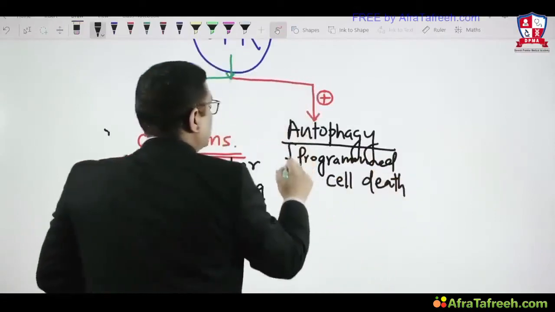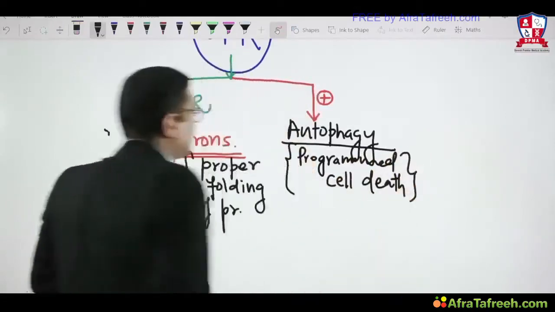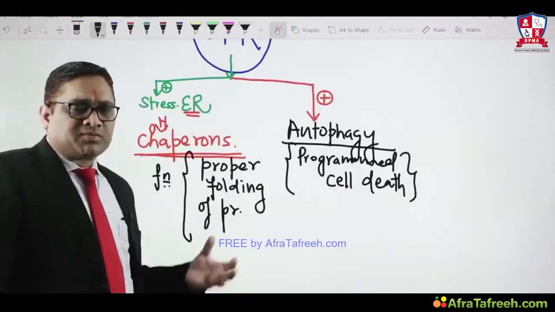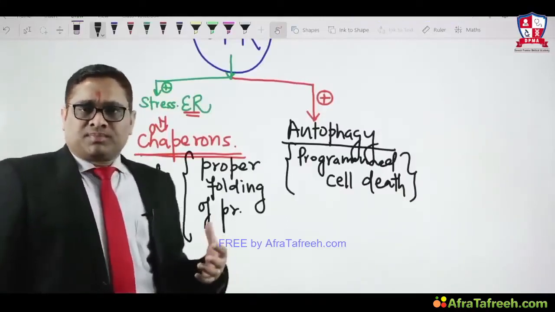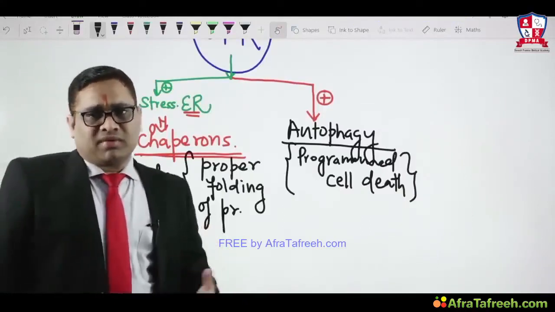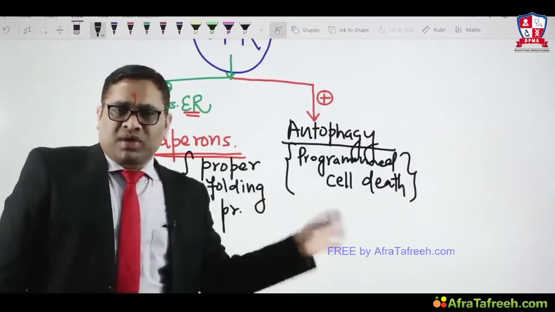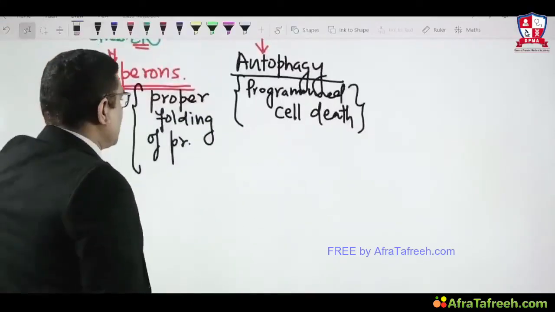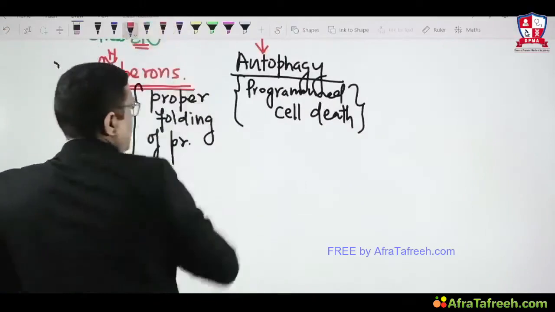So autophagy is also an example of programmed cell death, and what they do, whenever there is excessive protein, the intracellular protein degradation system will be activated. You remember during atrophy also we discussed this, so I am not going into much detail.